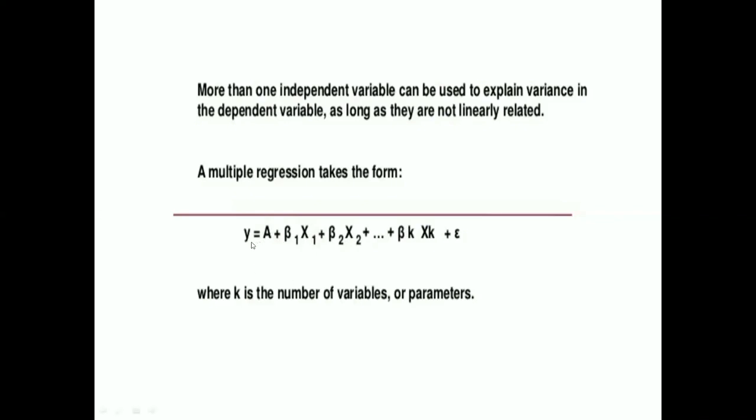Here y is the systolic blood pressure, and x could be weight, height, age, or diet, veg or non-veg. These are all independent variables in our data set, and k is the number of variables or parameters. Understood this?